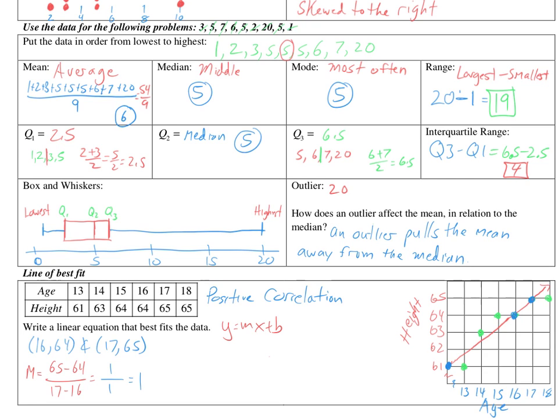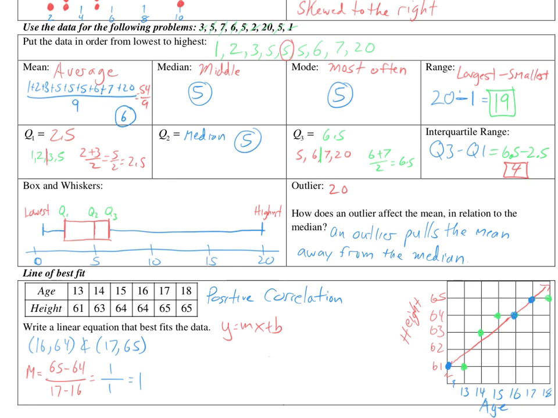Meaning, what that means is every year, does a person tend to get 1 inch taller, according to this information? Every year, it looks like these people are getting 1 inch taller, on average, for this set of data. That's what that 1 represents. I took the slope, again, of these 2 coordinates, which are those 2 dots right there in blue.